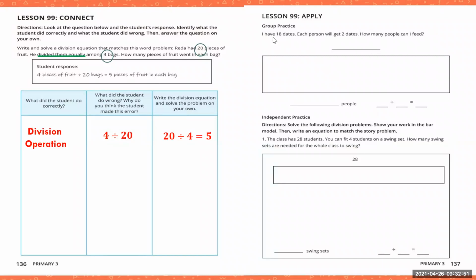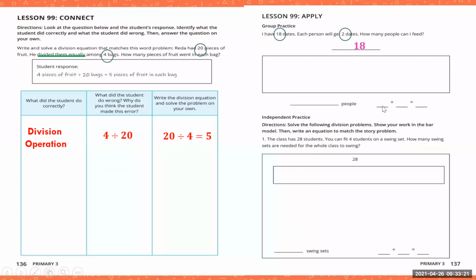Here, I have 18 dates in the next page, 137. I have 18 dates. Each person will get 2 dates. So I will divide 18 dates between 2 persons, and the total here will be 18.